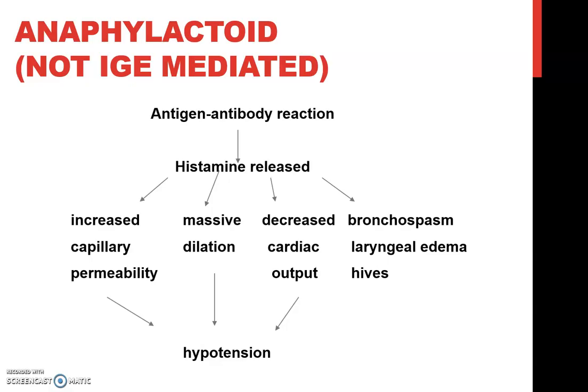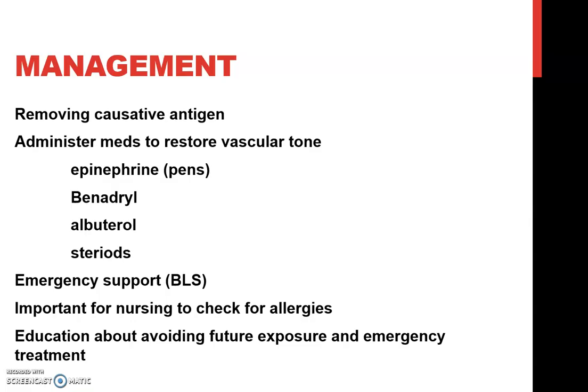When you have a non-IgE mediated response, it does the same thing. It has an antigen-antibody reaction, histamine's released, and you get the same response. You may not have those slides in your packet because I just had added them recently.